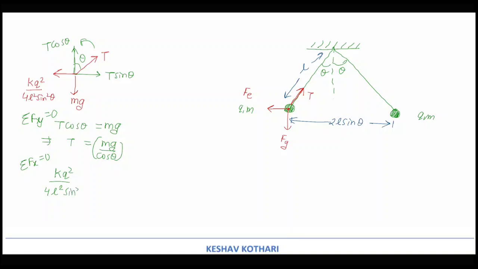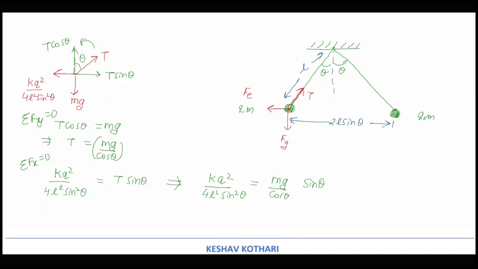sine square theta is equal to T sine theta, and from here we obtain kq square upon 4L square sine square theta is equal to T, which can be written as mg upon cos theta into sine theta. So from here we need to calculate q.